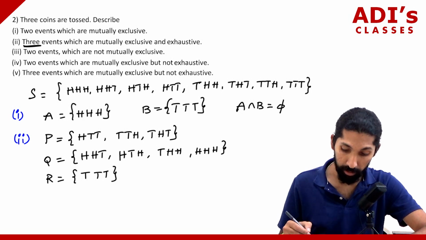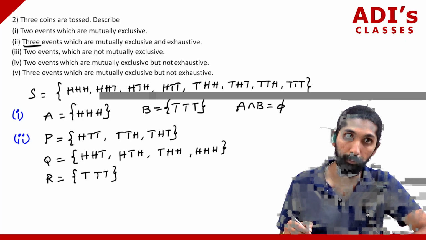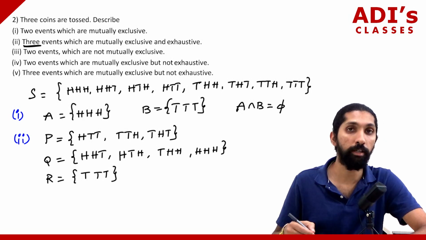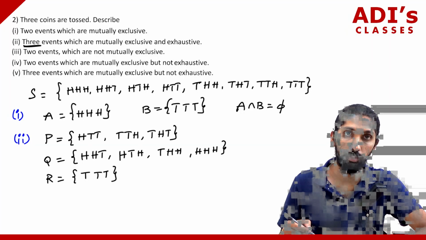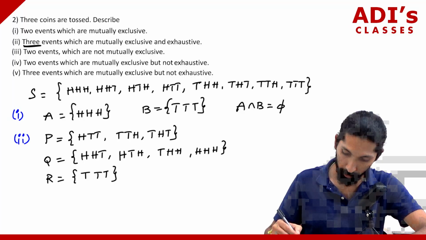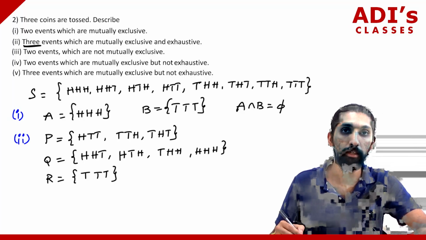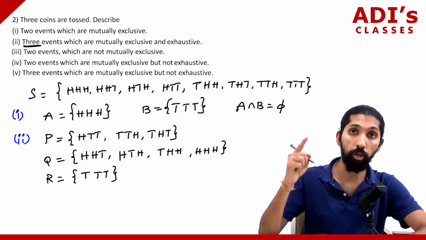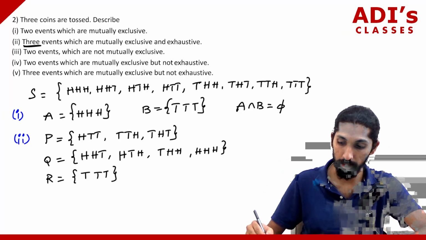HTT, do you see HTT anywhere in Q? No. Or TTH or THT for that matter? No, right? So we can say that P intersection Q is going to be a null set. Correct? Same way Q intersection R is also a null set, isn't it?